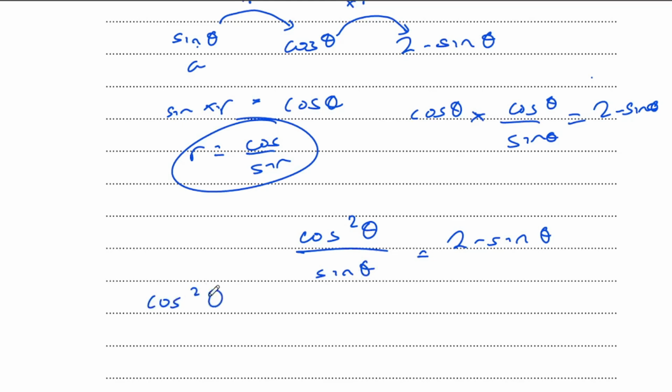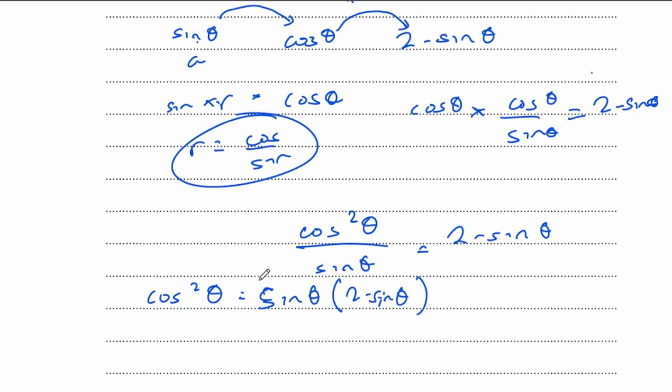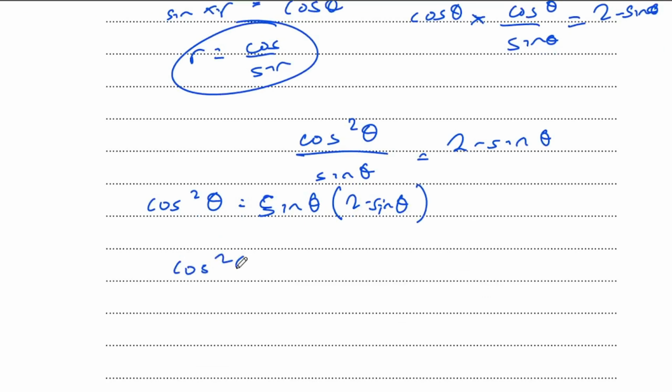So cos squared theta equals sine theta times 2 minus sine theta. We can expand this: cos squared theta equals 2 sine theta minus sine squared theta. But here now we're stuck. So we could just change this into sine so that we can work with it. So remember our identities.